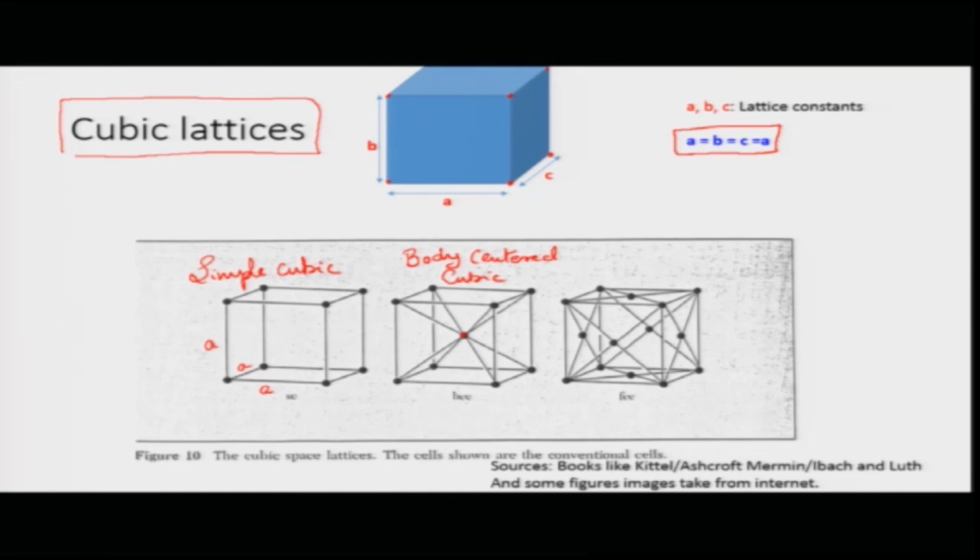And finally, within this class of cubic lattices, we have the face centered cubic structure, where again you have points at the corners of the cube, but additionally on each of the cube faces, the top and bottom face and the 4 side faces, you have points sitting at the center of each face.